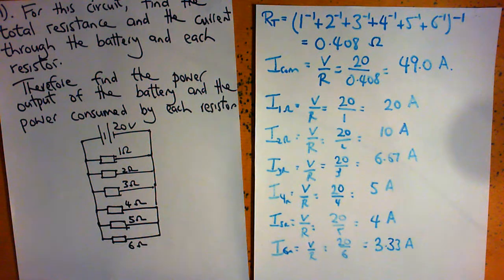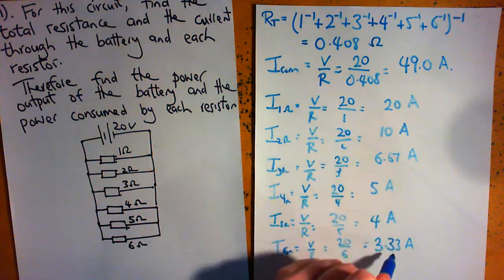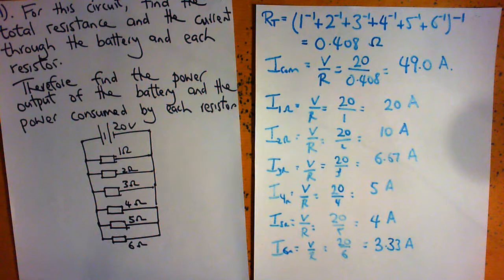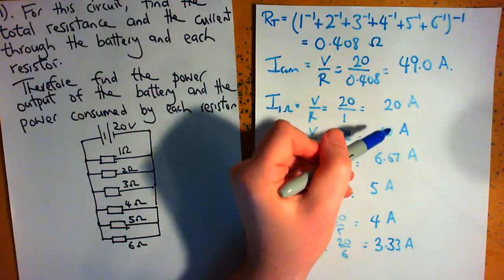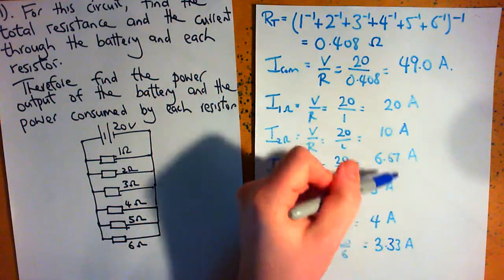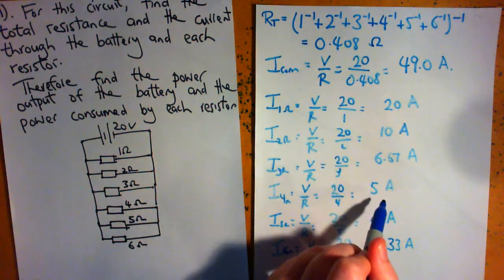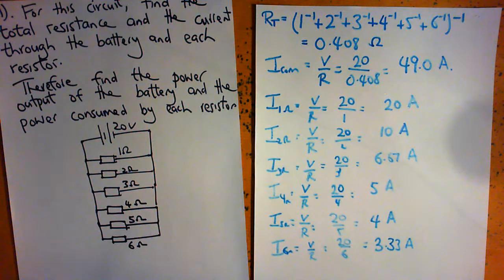Okay, so we've got the current across each resistor, and those should be equal to 49 amps when you add them up. The 6.67 amps plus the 3.33 amps make up 10 amps. So we've got 20 plus 10 plus another 10, 40 so far, plus 5, plus 4, and we do have in total 49 amps there.